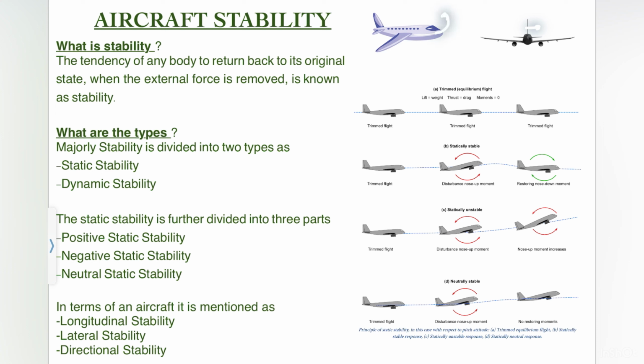If the aircraft turns some degree because of the gust of wind, let's say to the port direction, left, and when the gust is removed, the aircraft comes back to its original trajectory, that's known as directional stability. So this is how we define stability in an aircraft, whether it is showing a longitudinal positive static stability, a lateral positive static stability, or a directional negative static stability. I hope this much is clear.